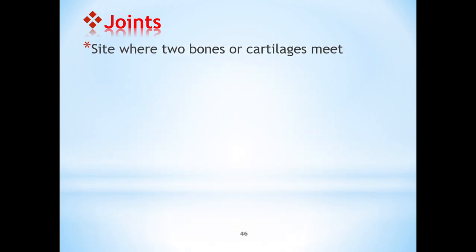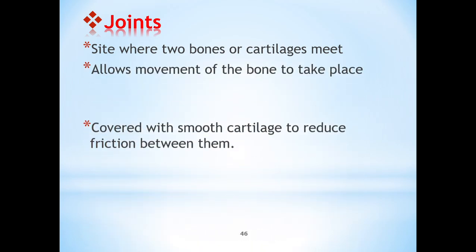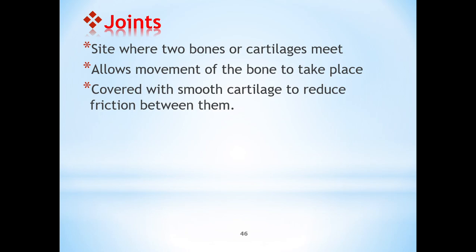Okay. And then the last one is the joints. So joints are also very important in the structure of our skeleton. Okay, so these are sites where two bones or cartilages meet. So it allows movement of the bone to take place. They are covered with smooth cartilage to reduce friction between them.